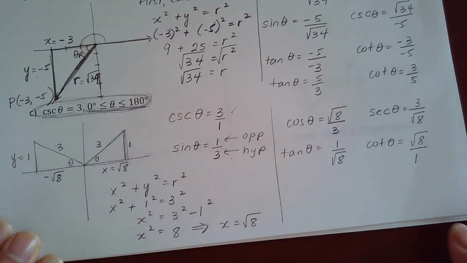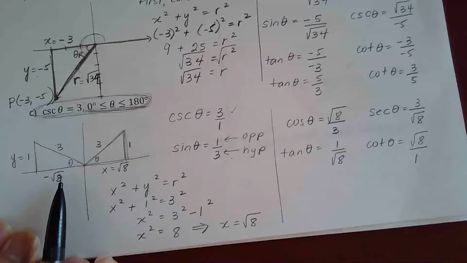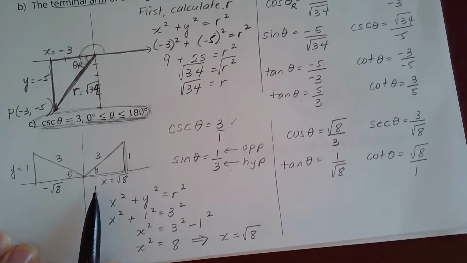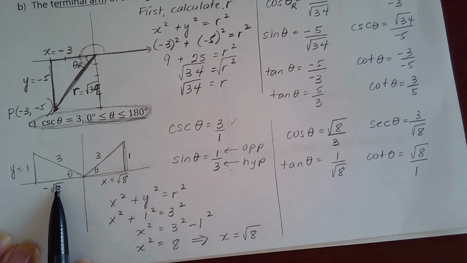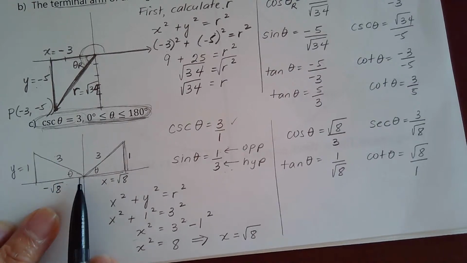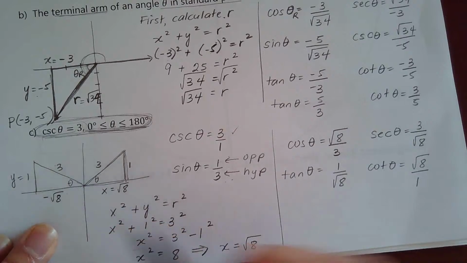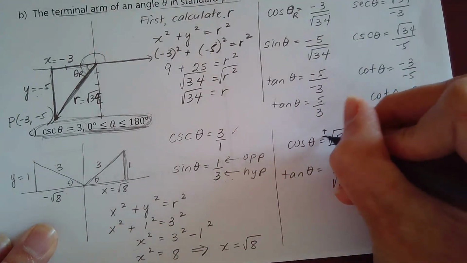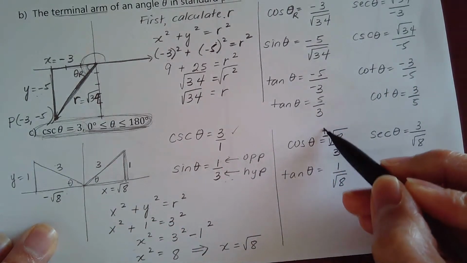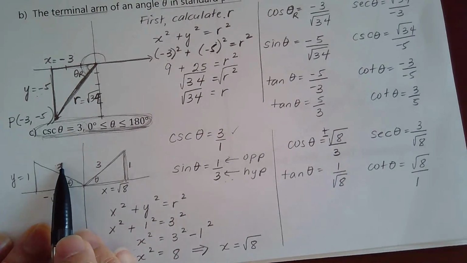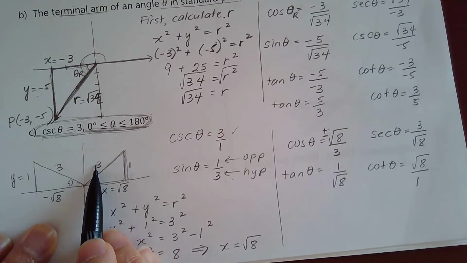Okay, so what does that mean? In terms of adjacent, it's going to be our cosine, adjacent over hypotenuse, so this is going to be plus or minus adjacent over hypotenuse.